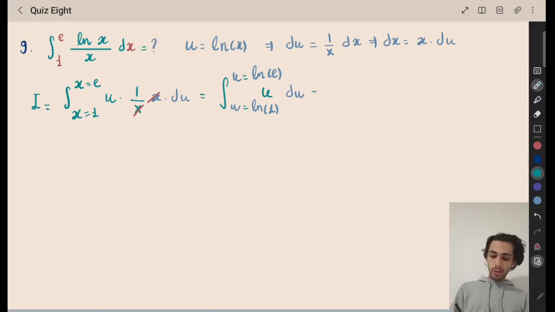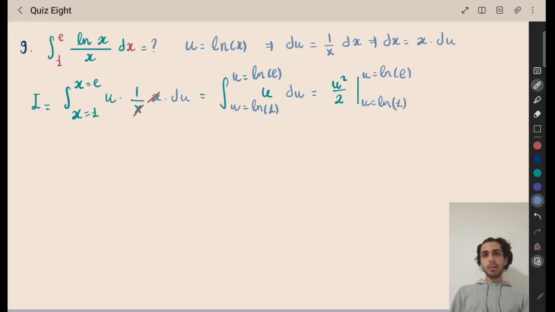Now this should be interesting, because we will be able to simplify it in a moment. Now the integral of u is u squared over 2, right? If you take the derivative of this, you get u. So that's why. And you plug in from u is equal to ln of e to u is equal to ln of 1.